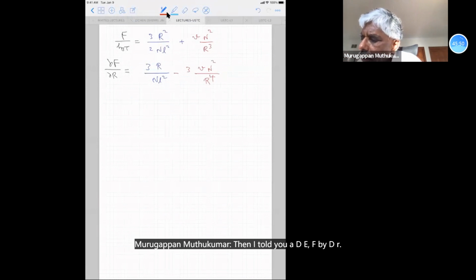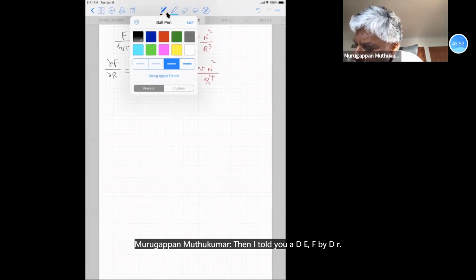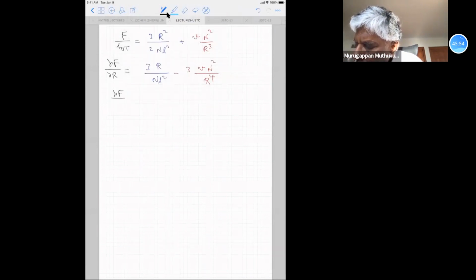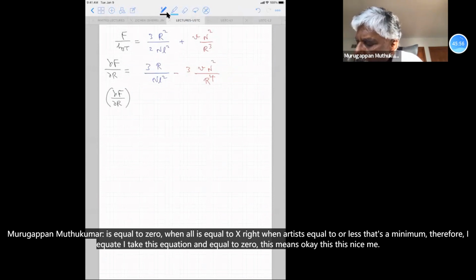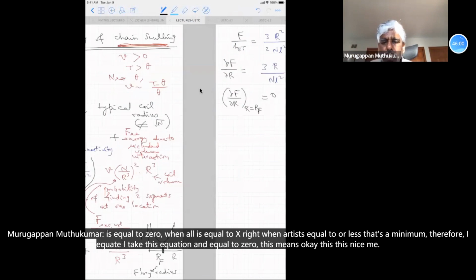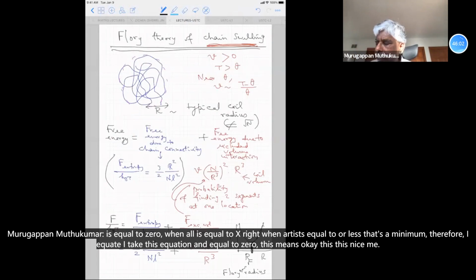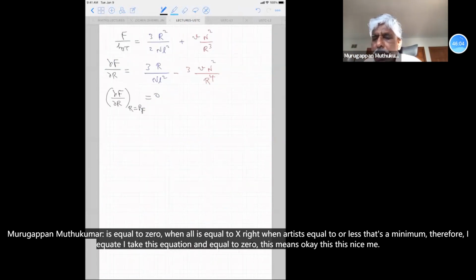Okay. And then I told you df by dr is equal to 0 when r is equal to rf, right? When r is equal to rf, that's the minimum. Therefore, I take this equation and equate it to 0.